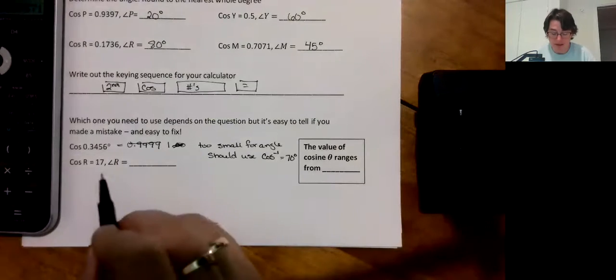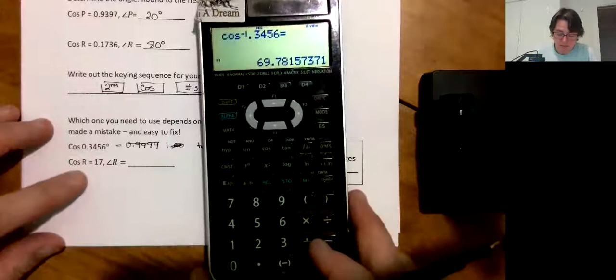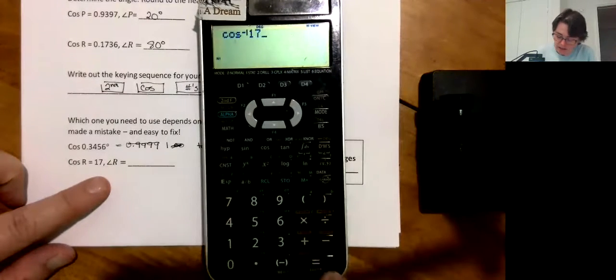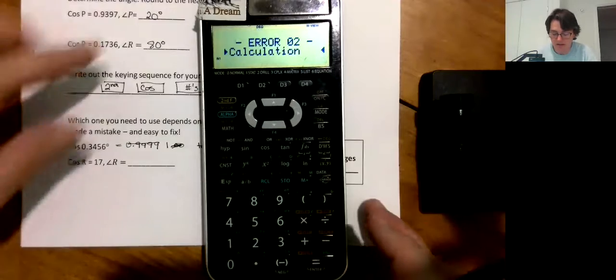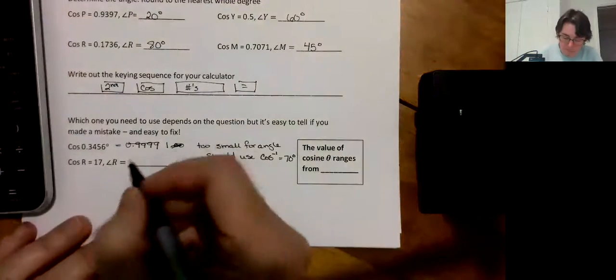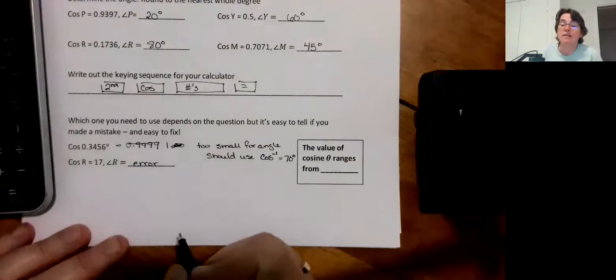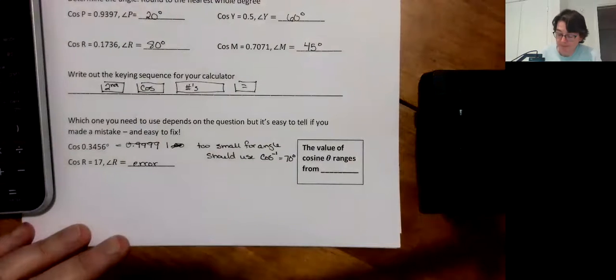And again, if you have cos R is 17, to find angle R, go second cos 17. I can tell you right now, we're going to get an error. And the moment I do that, it's just like, oh, I should have gone the other way.